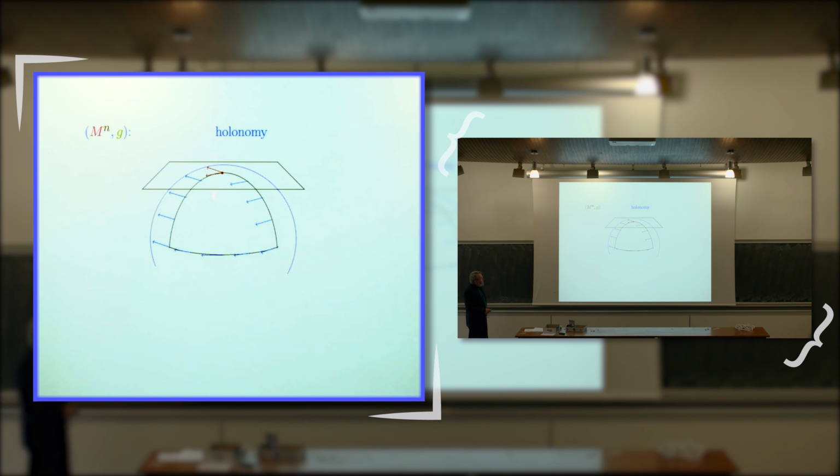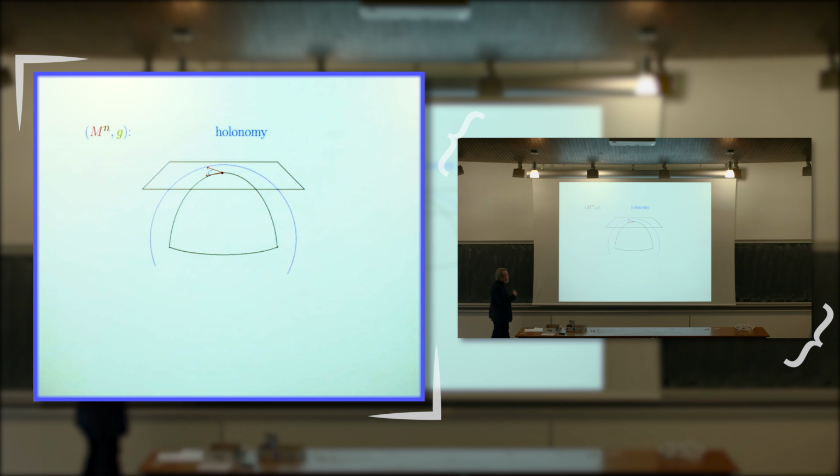And this associates to every piecewise smooth loop at the base point a linear map from the tangent space to itself, called the holonomy transformation associated with the given loop. When you look at the set of all such transformations arising from all such loops, you get a subgroup of the orthogonal group. The way that you drag vectors in Riemannian geometry preserves length, so these are always orthogonal transformations. But you get a so-called holonomy group associated with a Riemannian manifold.